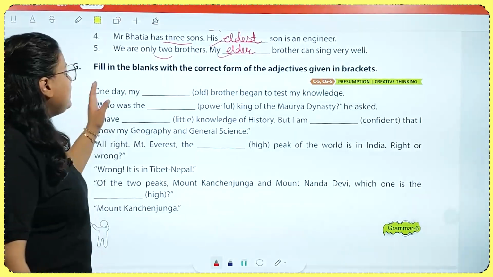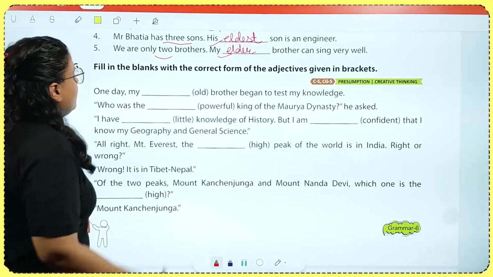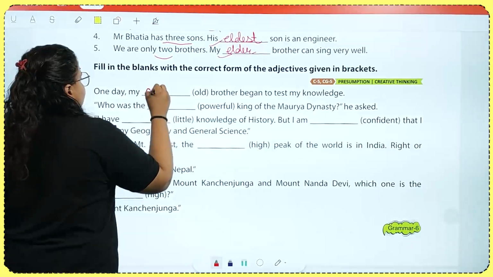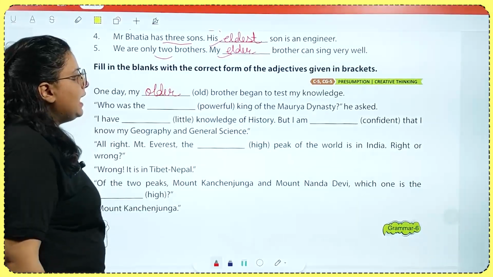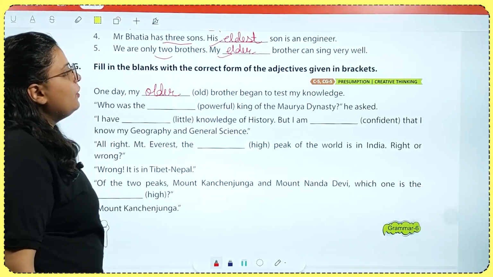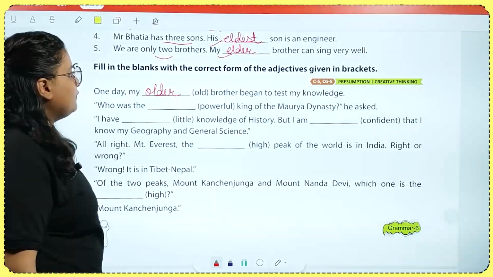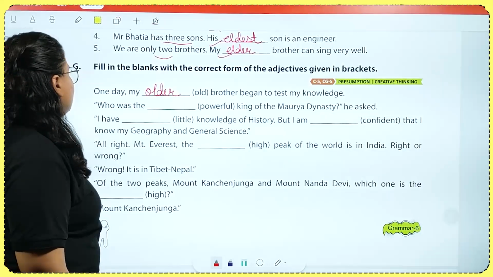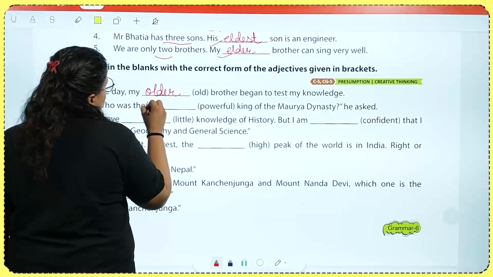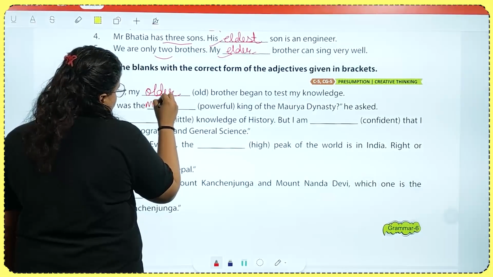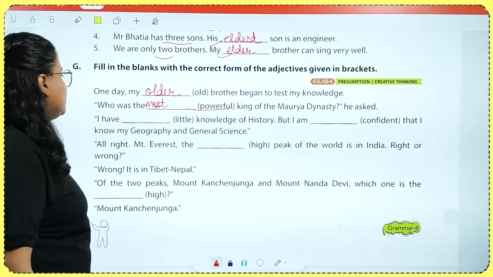Okay, fill in the blanks with the correct form of the adjective given in the bracket. One day my dash brother began to test my knowledge. My older brother. Who was the dash king of the Mauryan dynasty? Who was the most powerful king of the Mauryan dynasty? he asked.